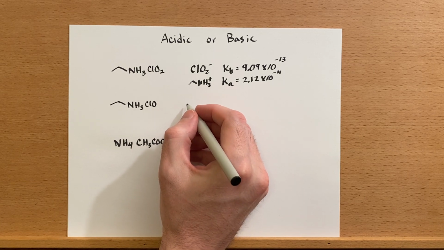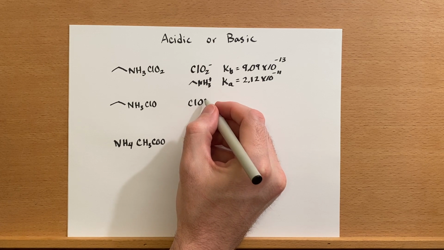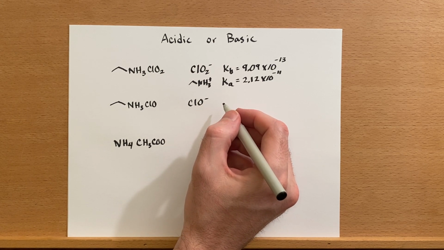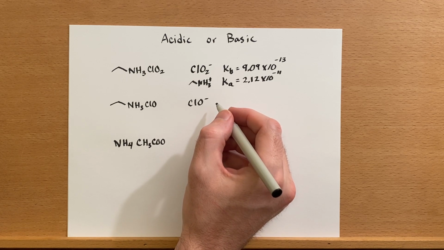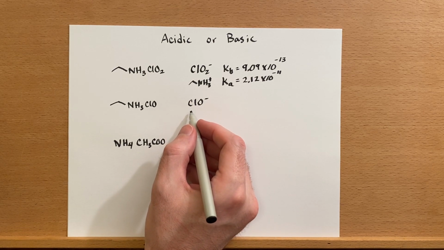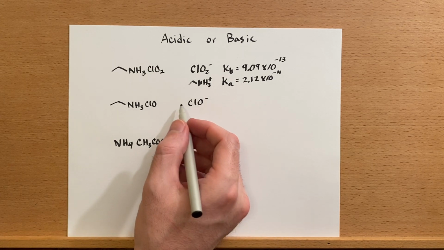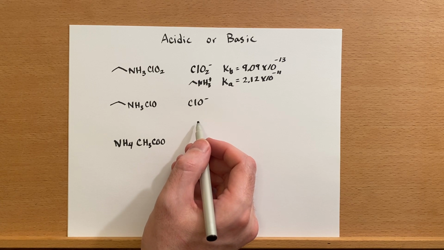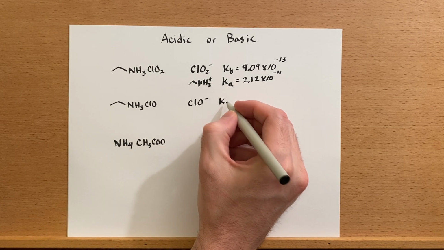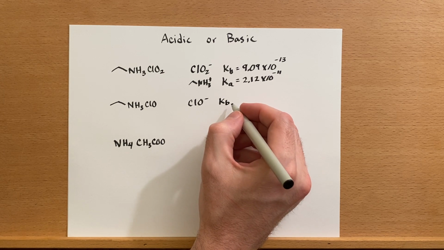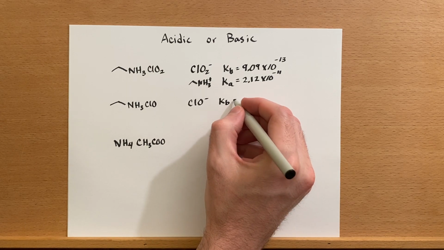So let's see what effect that has. If this is a less good acid, that will probably mean that the conjugate base is better because it's less likely to give up its proton, so it's more likely to pick one up now.